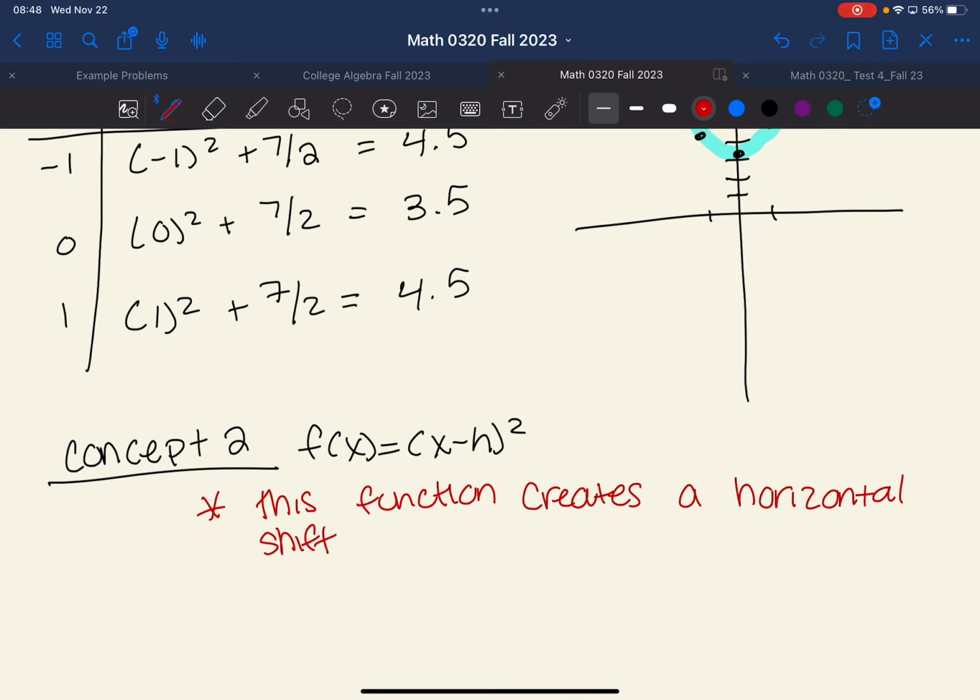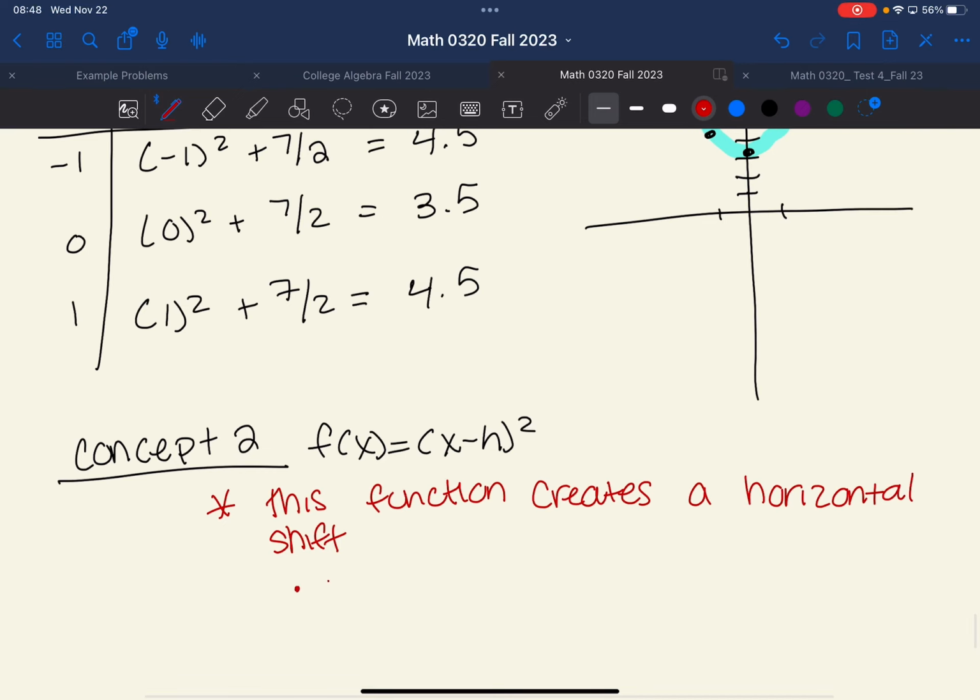So it says if our h value is positive, so if h is greater than 0, then our graph is going to move to the right.